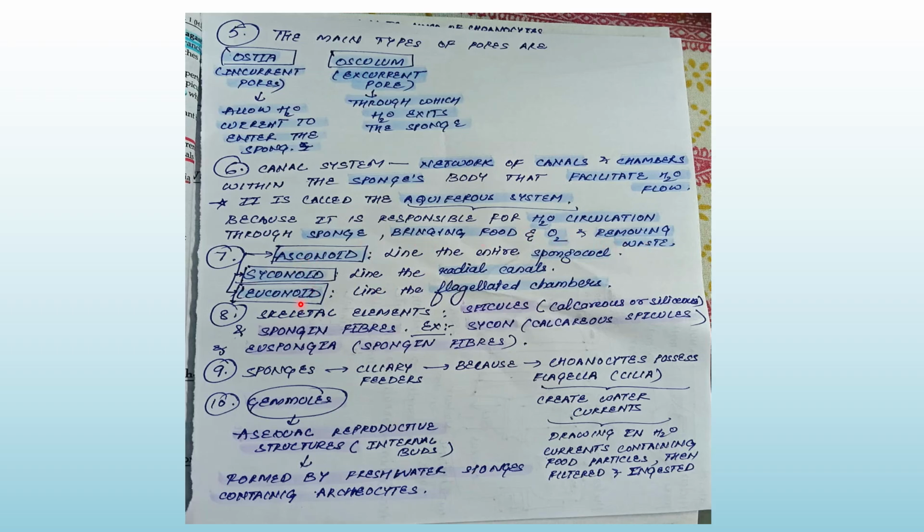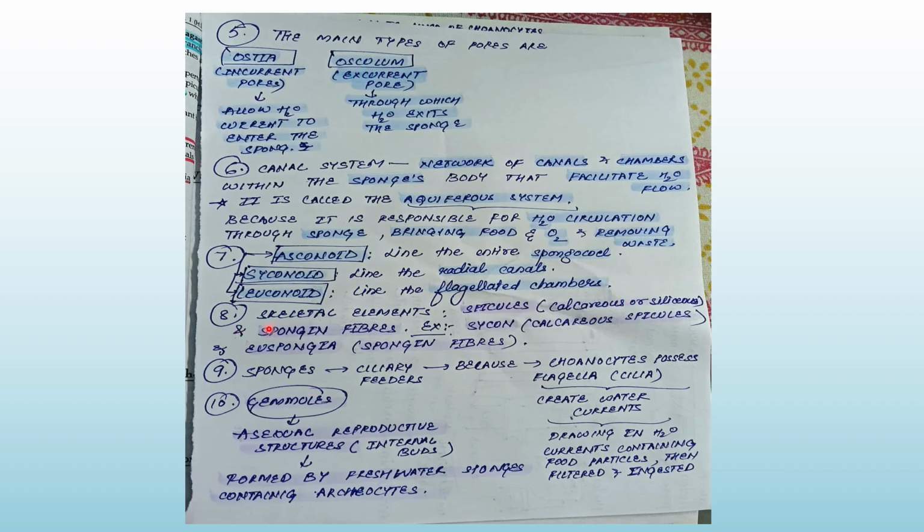Answer to the seventh question, the types of canal system. The first one I have discussed earlier: asconoid type lines the entire spongocoel, syconoid type lines the radial canal, and leuconoid type lines the flagellated chamber. I have explained briefly. You have to give an example of each.